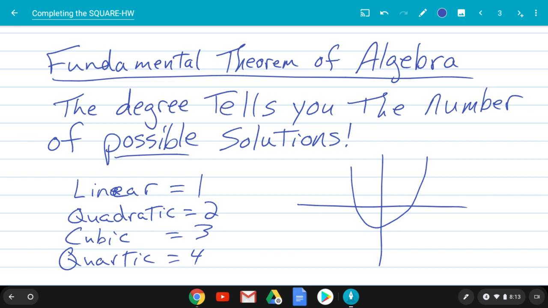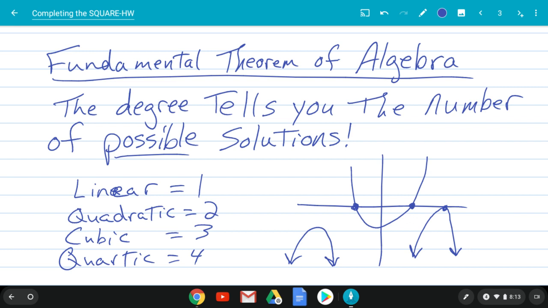How many solutions does that parabola have? Why 2, Leo? Very good. How about this parabola? Only has 1 solution because it only touches it 1 time. How about this parabola? No real solutions because it never crosses the x-axis.